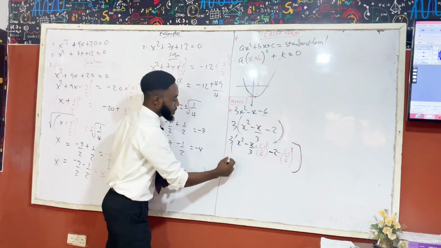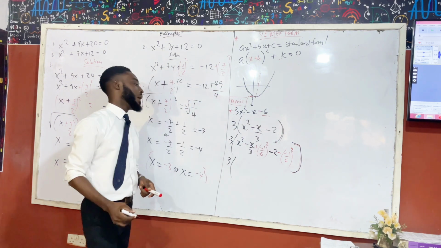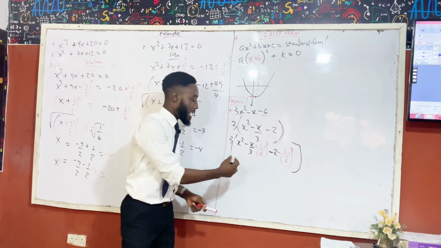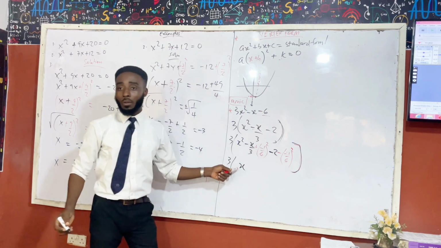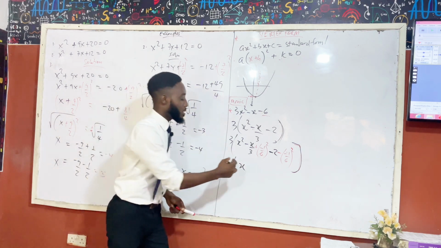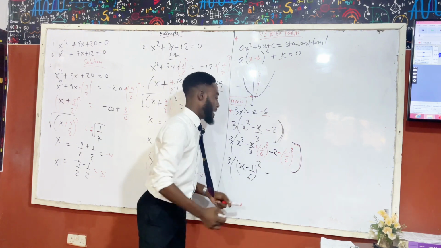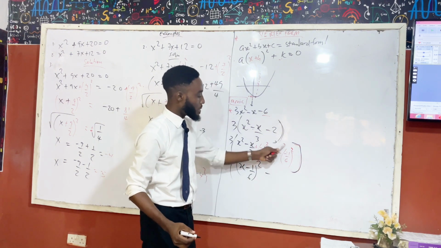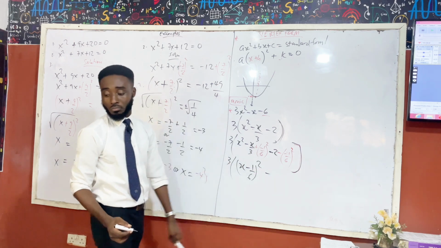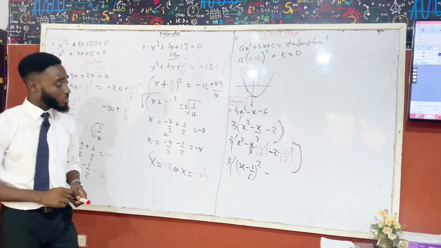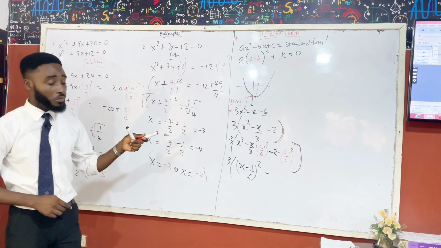So here I would have 3. And then this becomes what? X, help me. Minus 1 over 6. Minus. This whole thing becomes what? Some kind of big value.